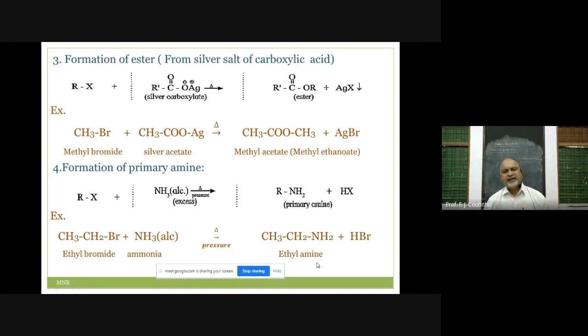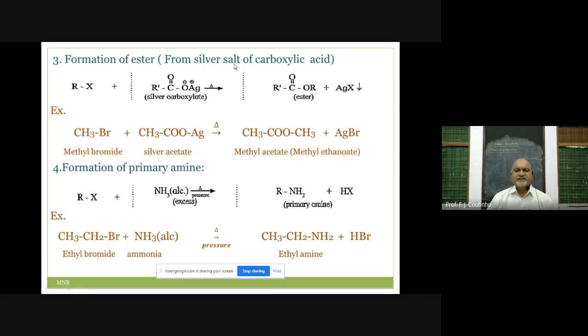The third reaction in this topic is formation of esters. Now we very well know what esters are. We have studied in the 11th standard different functional groups. So what is an ester? It is nothing but there is an ester linkage. Now this formation of esters is from silver salt of carboxylic acid.